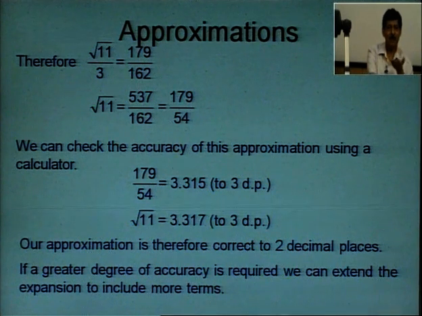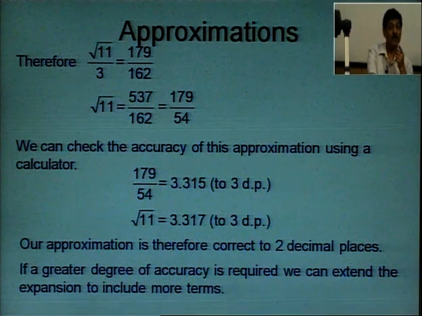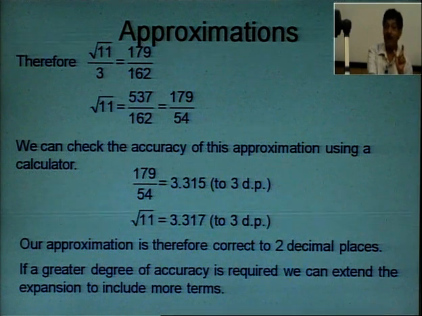So, after putting the value, we will get square root 11 equal to 179 upon 54, and if you find the value, that is 3.315 up to 3 decimal places, and the value you computed with the help of a calculator is 3.317.